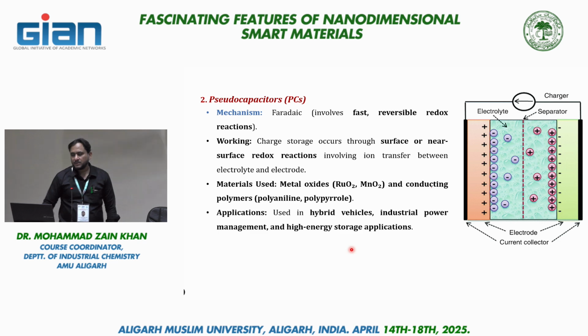Now, pseudo capacitors have chemicals stored in them. For example, if metal or metal ions are stored, they undergo a reaction. For example, metal undergoes oxidation and releases electrons. Those electrons are taken up by the electrode. Because I told you, I think on day one, that the difference between a chemical and an electrochemical reaction is that in an electrochemical reaction, electrons are not taken up directly by other chemicals.